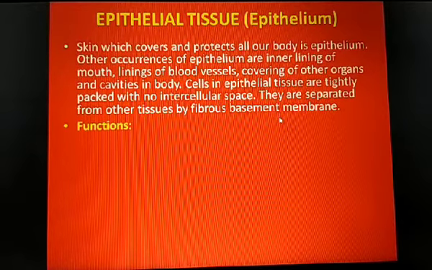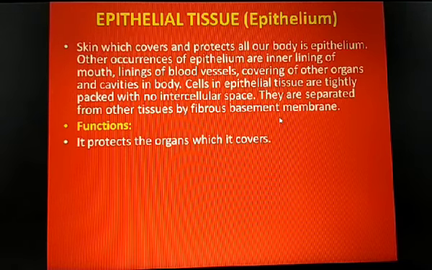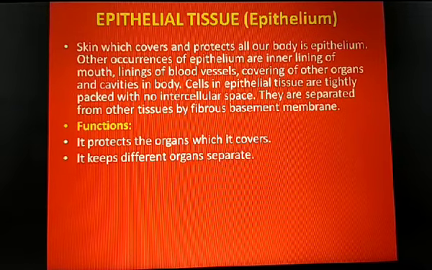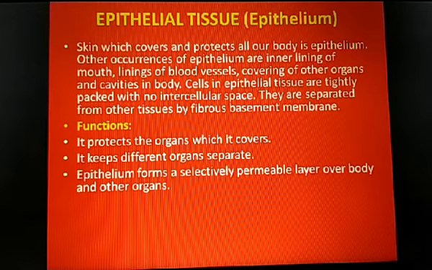These are the general functions of epithelial tissue. First, they protect the organs which they cover, and they keep different organs separate. Epithelium forms a selectively permeable layer or membrane over the body and other organs.